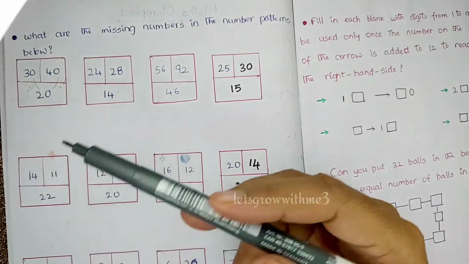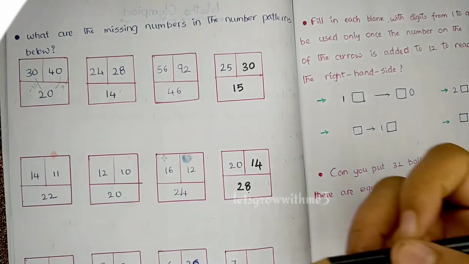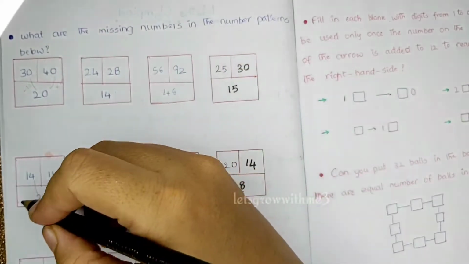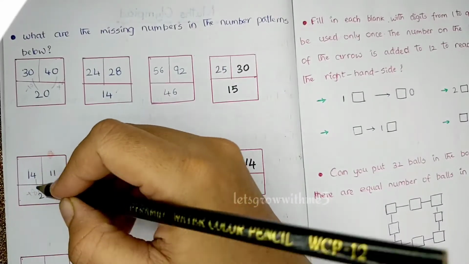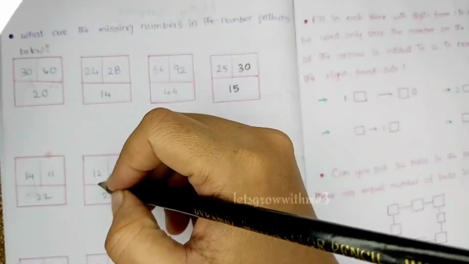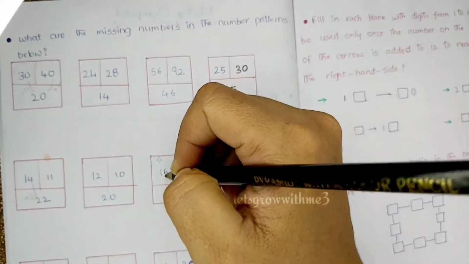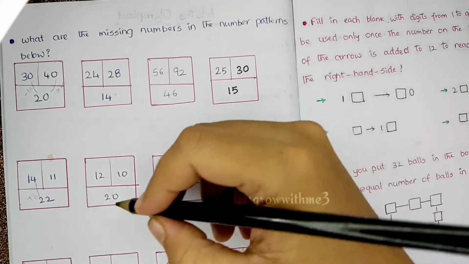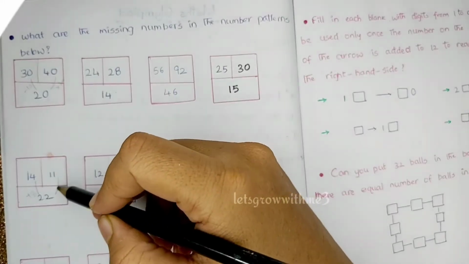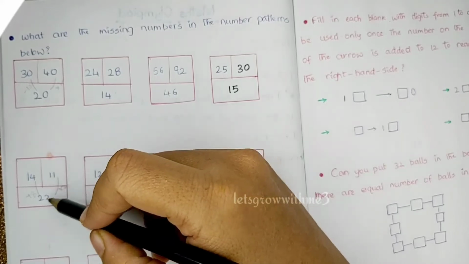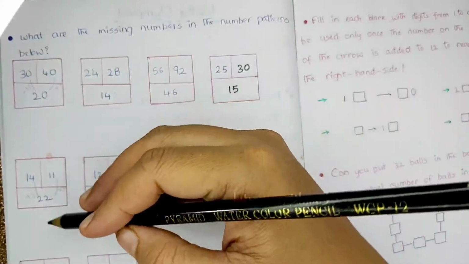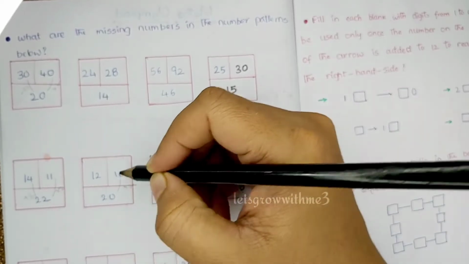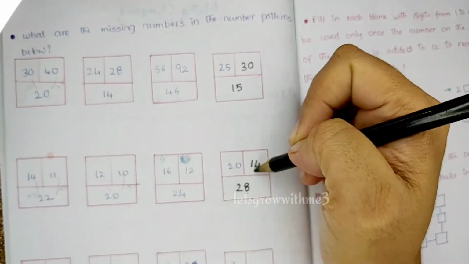That's how I got 14 and 28. So from here to here the pattern is plus 8, and from here to here it is times 2, or you can say double of your earlier number: 11 plus 11, 10 plus 10, 12 plus 12. The same pattern is applicable to all the boxes. Similarly, I found the fourth box.